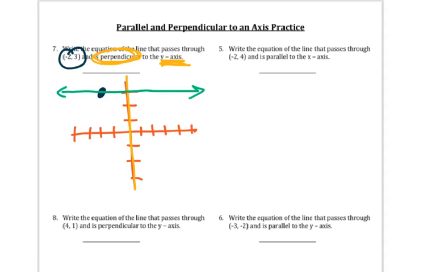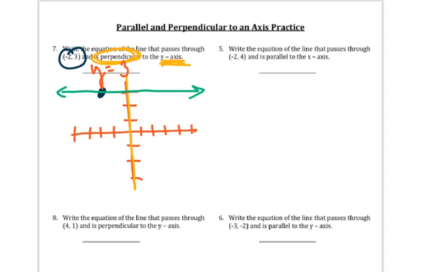So this green graph is perpendicular to the y-axis. Which one is it cutting through, the x-axis or the y-axis? At what number does it cut through the y-axis? I'll help you. This one cuts through the y at +3.